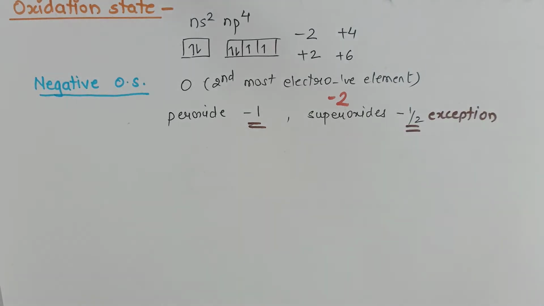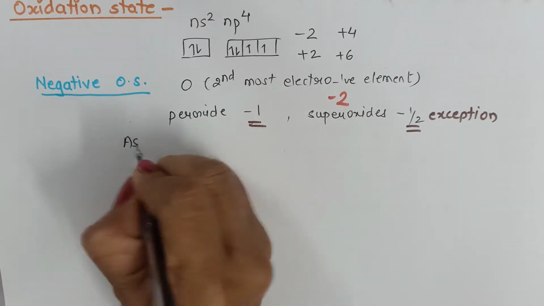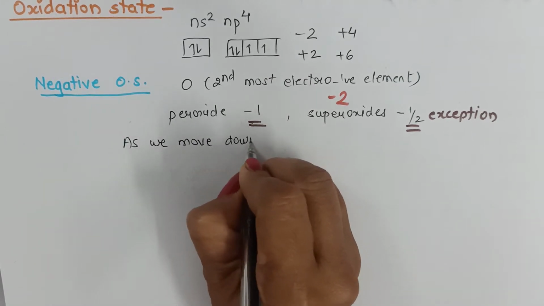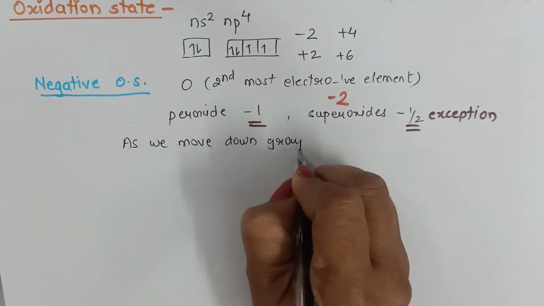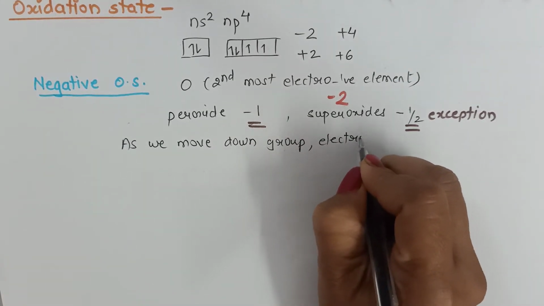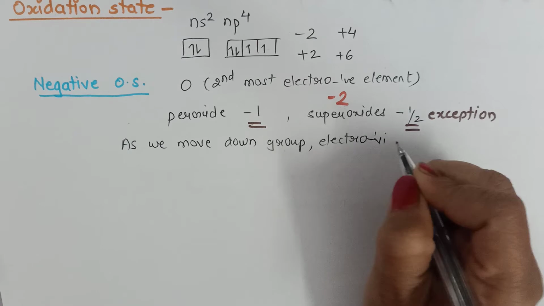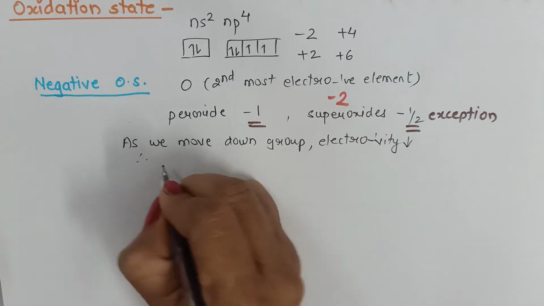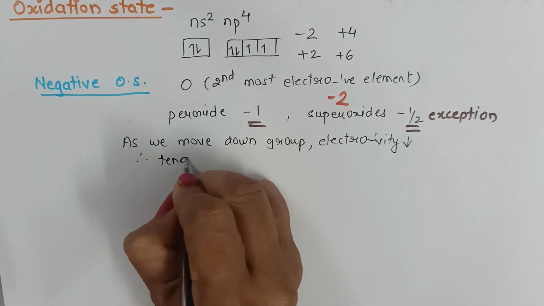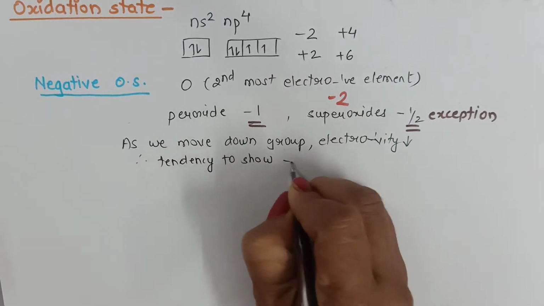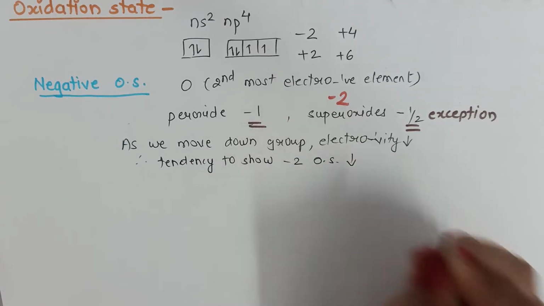Now other elements also show -2 oxidation state, but as we move down the group, what happens? Electronegativity decreases, therefore the tendency to show -2 oxidation state also decreases.